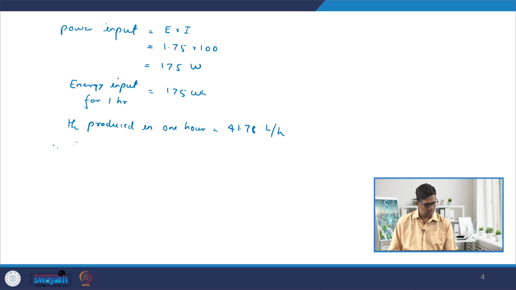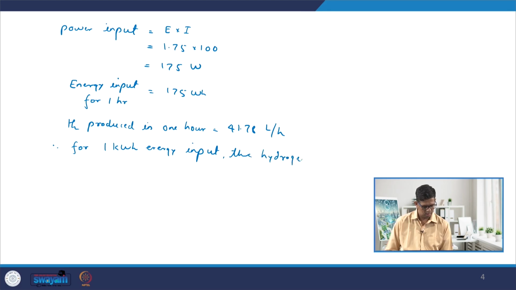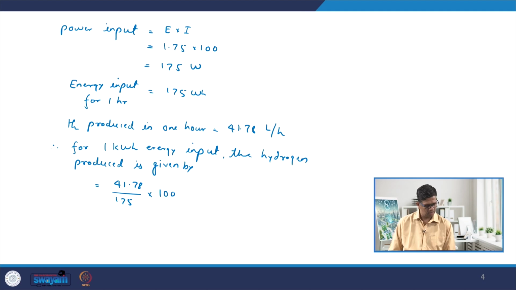So, therefore, for 1 kilowatt hour of energy input, the hydrogen produced is given by 41.78 divided by 175 watt hour, into 1000 watt hour.